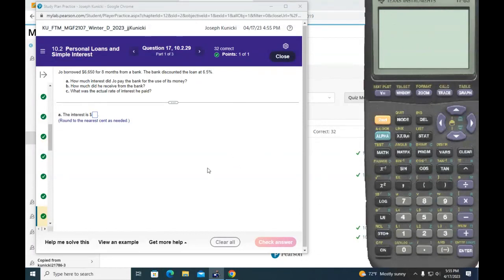What happens is you pay the interest up front by deducting it from the loan, from the principal. So they adjust your principal by subtracting the interest. They call that a discounted loan, because then when you pay it back, you don't have to pay the interest. You already paid it. You just pay back the total principal.